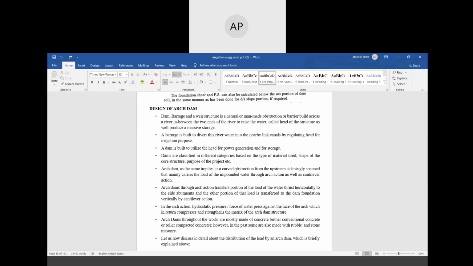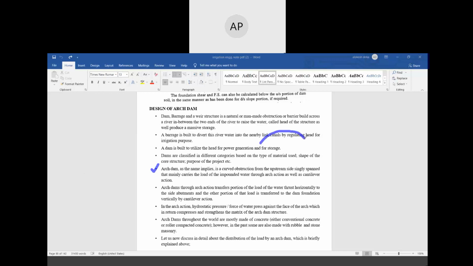Let me show you. So, arch dam, an arch-like dam.